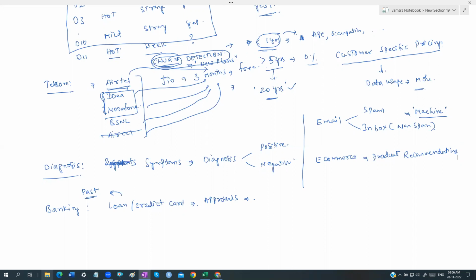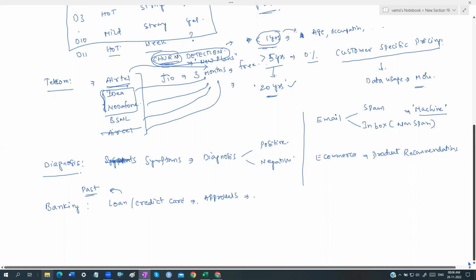So the main important thing that makes these machines learn is nothing but algorithms. Mainly as a data scientist, whenever we are going through a data science course, we have to go through these particular algorithms.